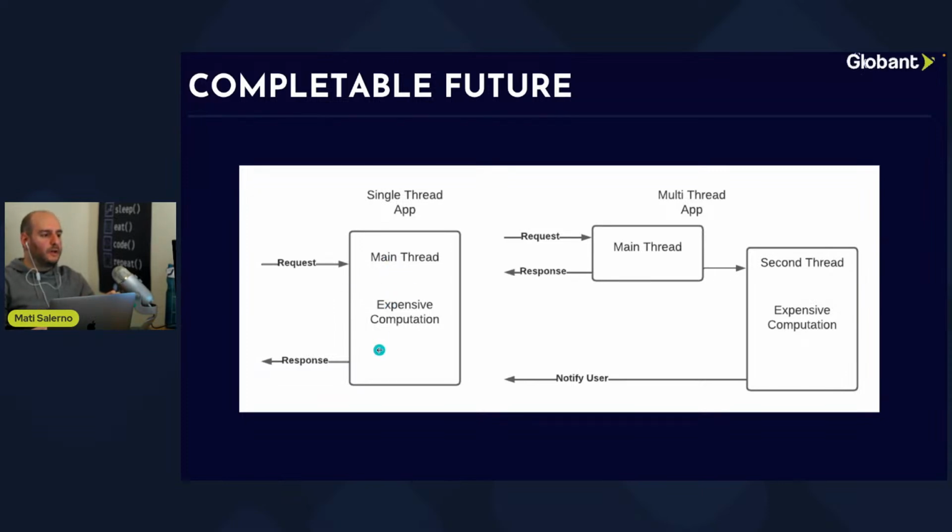So that's why we handle things asynchronously. And there have always been a lot of different ways to handle things asynchronously. This is not the first time. CompletableFuture is a new abstraction that was created to handle things asynchronously in a more functional and more declarative way, because you will not be dealing with threads directly, and it will be very easy for you to understand what is going on.